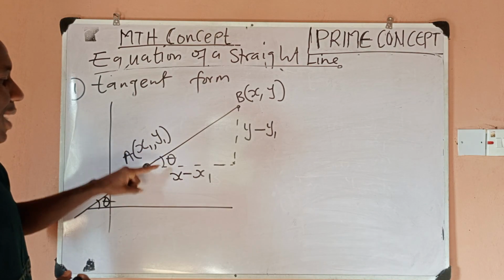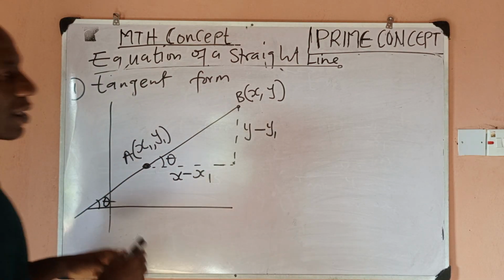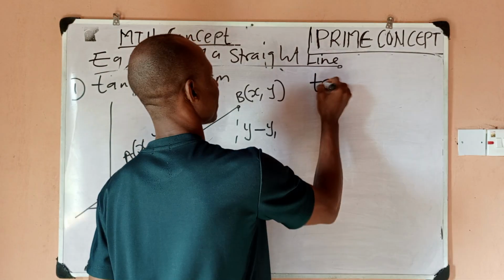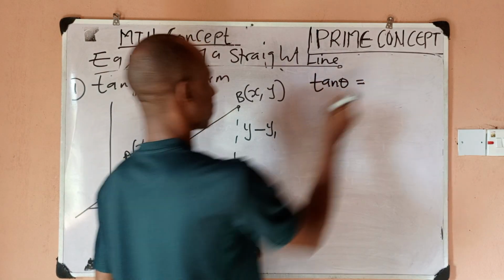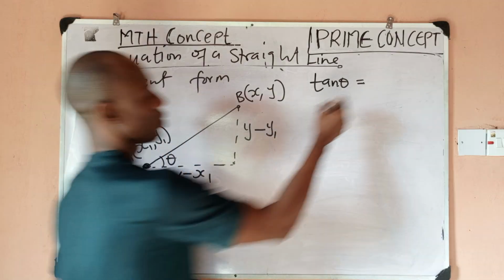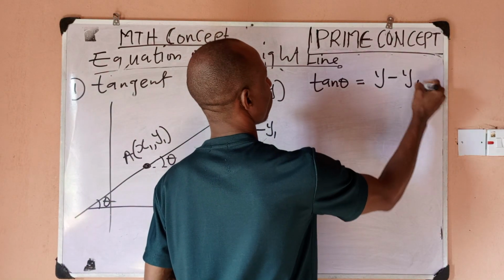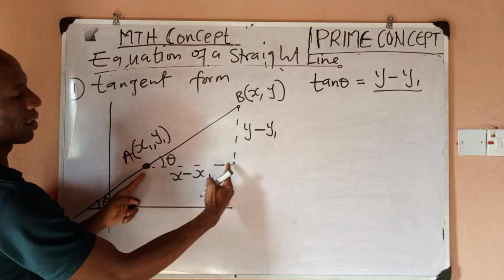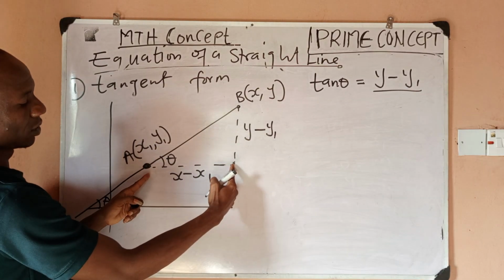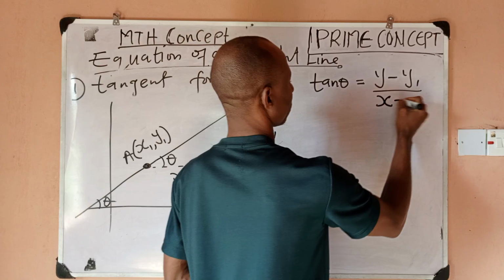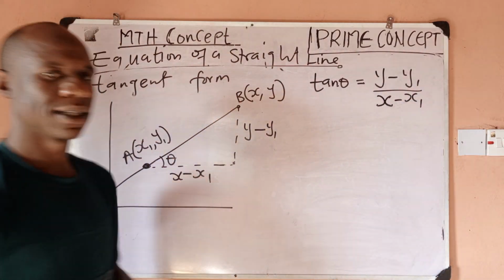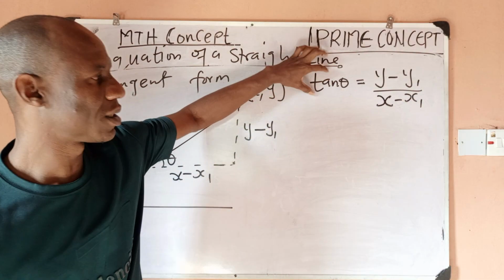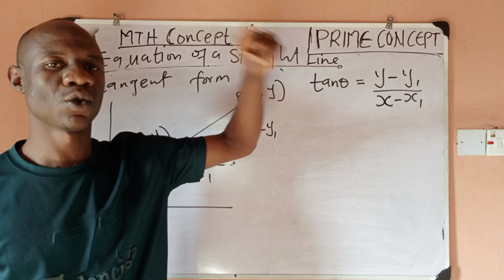So if we consider the tangent again in this case, then the tangent of the angle is going to be opposite over adjacent, which is y minus y1, all divided by x minus x1, right? Now, if you recall, we mentioned that tan theta represents the slope.